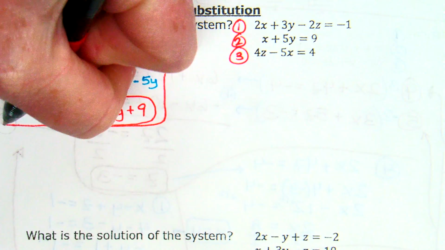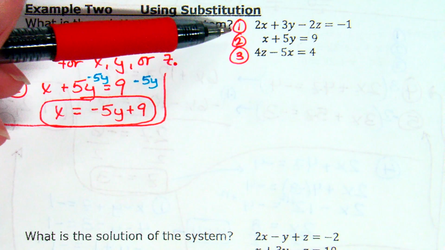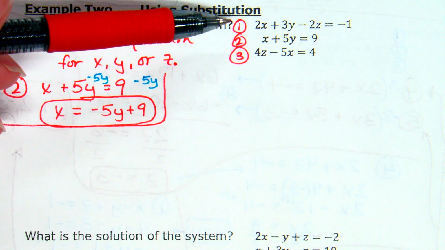Now, think back to substitution. Once you had an equation solved for x or y, what did you do with that? You plugged it back into the other equation. In this case, once I have one of the equations solved for it, you're not going to plug it into just one other equation, you're going to have to plug it into both other equations. So we'll take equation 2, plug it into equation 1, clean it up, and that will create an equation that we'll call equation 4.